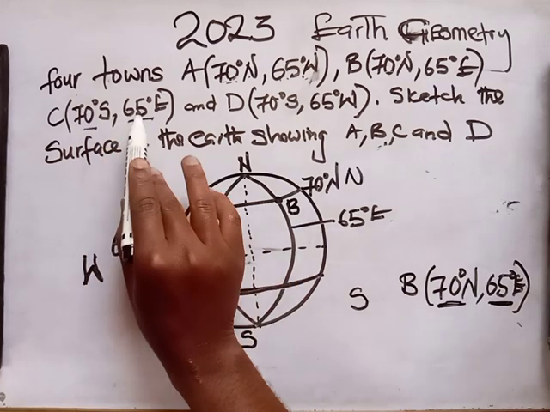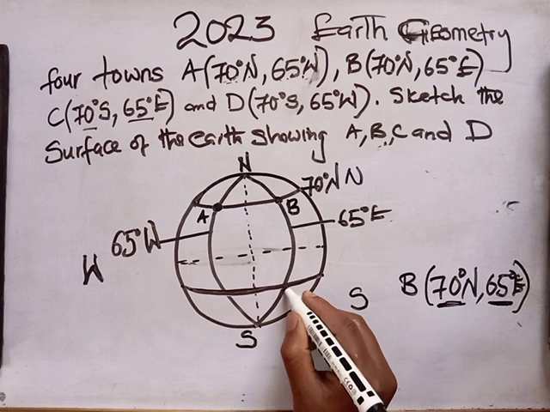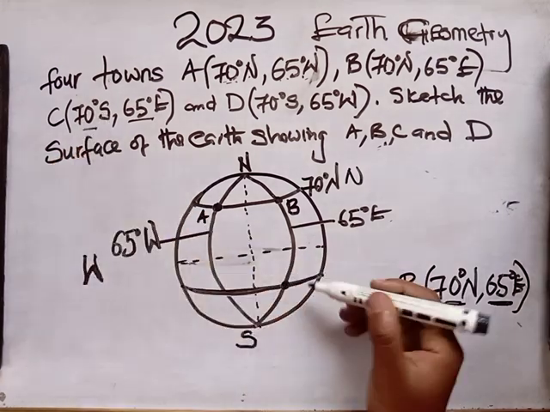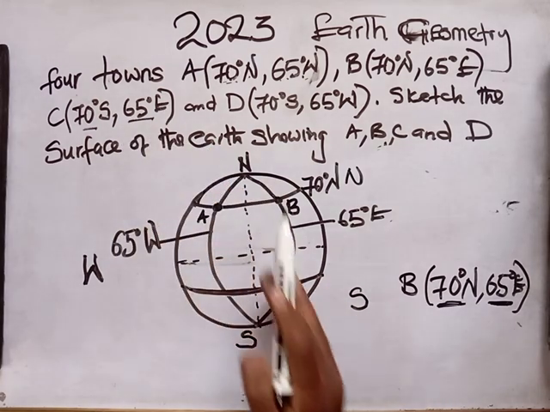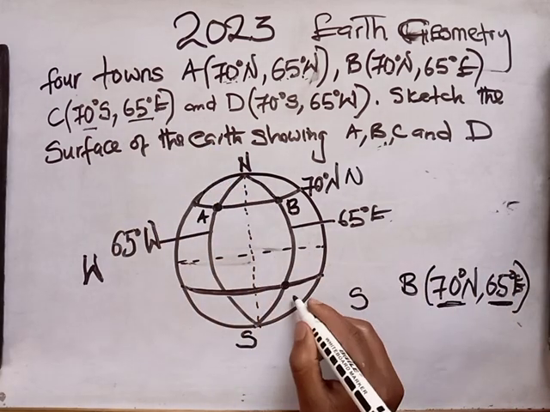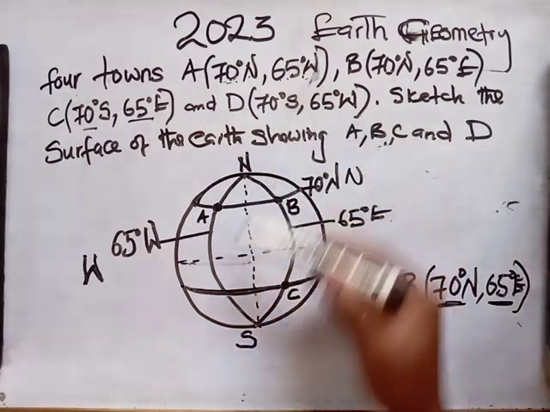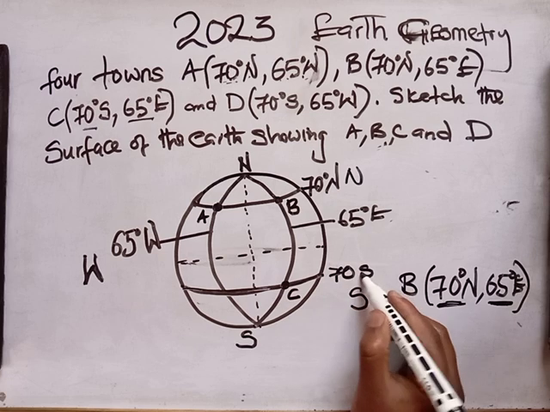We've already drawn 65 east, so C will be here, because it is 70 degrees south, in the southern hemisphere, and 65 degrees east, on the eastern side. And they are on the same 70 degrees south.